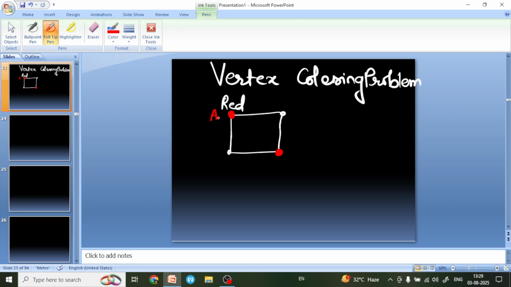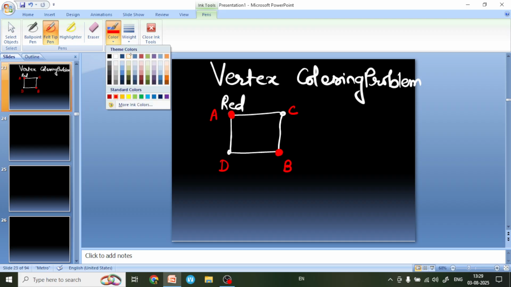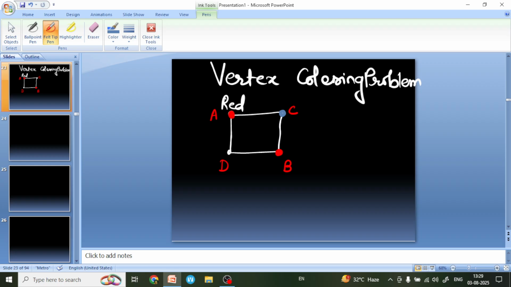You can give names A and B. This is C and D. A and B are not adjacent, so that's why we can take red color here. And the other color I have taken is blue for C and D. So here how many colors are filled? 2.